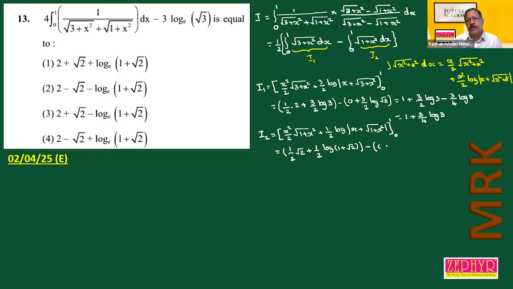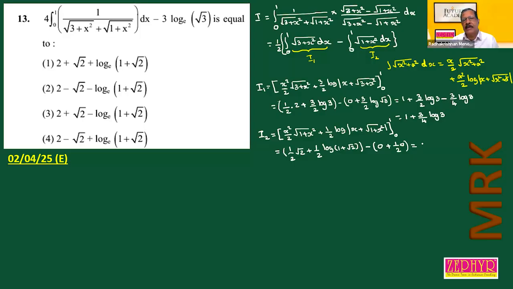Here you have got 0 plus 1 by 2 into, when you put x is equal to 0, what are you getting? 0 plus again 1. That is log 1. That is again 0, which is equal to 1 by 2 into root 2. That is 1 by root 2.